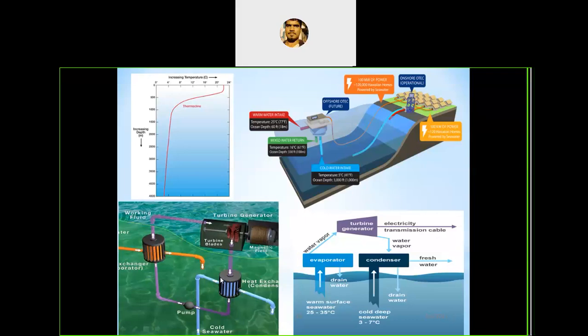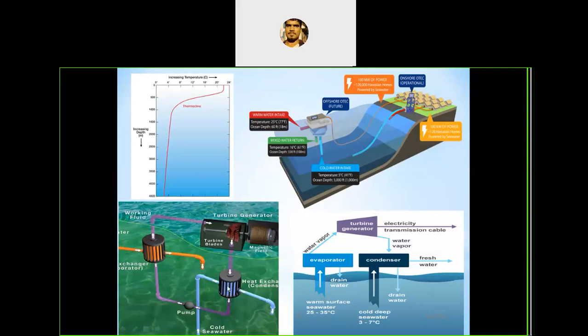The same fluid enters the condenser, which is completely surrounded by cold water, the water from the bottom layer. That cold water is used to cool the condenser. While the fluid passes through, it gives its heat to the cold water.